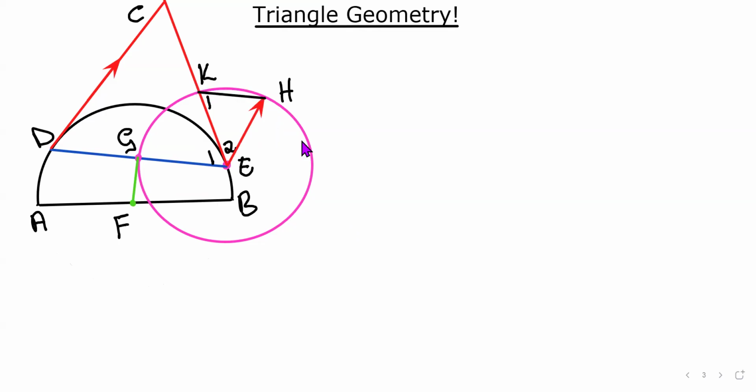So what is the most important thing you need to know from the statement? Well, CD and CE are tangents. E is the center of the pink circle. F is the center of the semicircle. FG is a tangent to the pink circle at G. Yeah, that's just it.